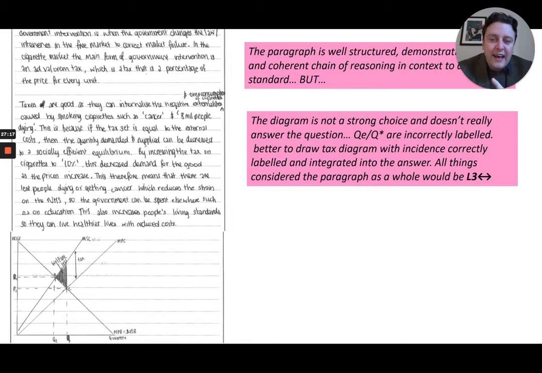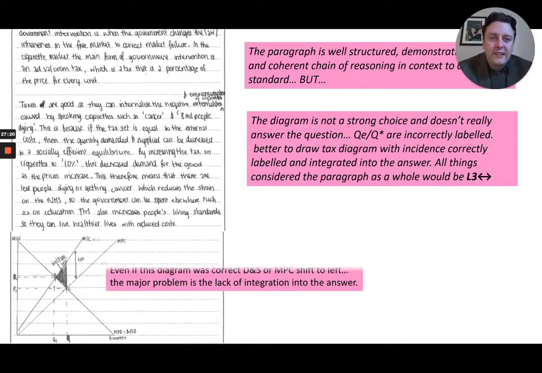That's why I think they have struggled with explaining the diagram. So all things considered, this paragraph would be a level 3. It's still quite a good paragraph, but because the diagram is incorrect, they're not going to get a level 4 type of mark. I would also like you to label the diagrams a bit better. Make sure you've got a decent title, and you write price of cigarettes, quantity of cigarettes.